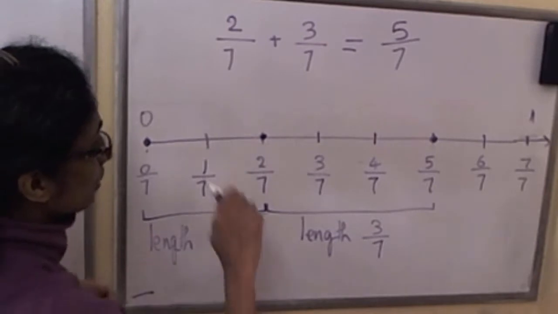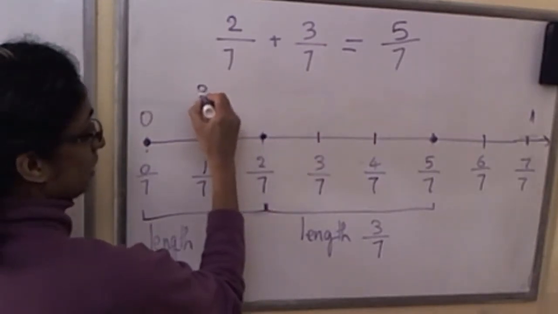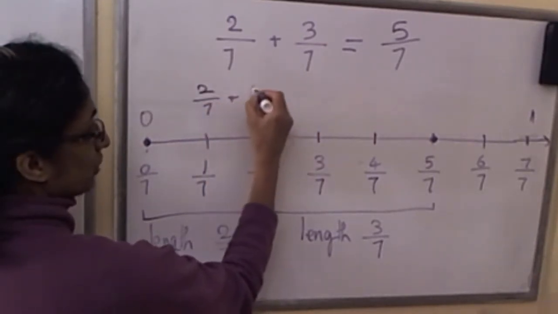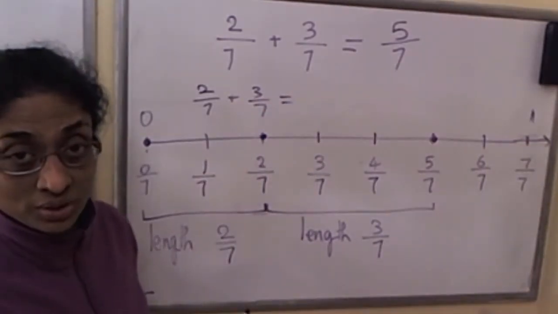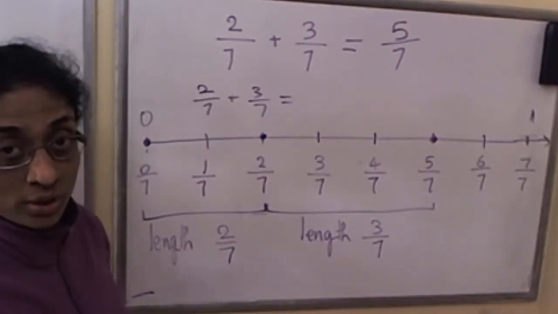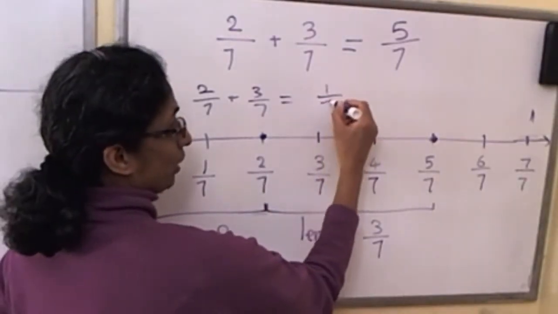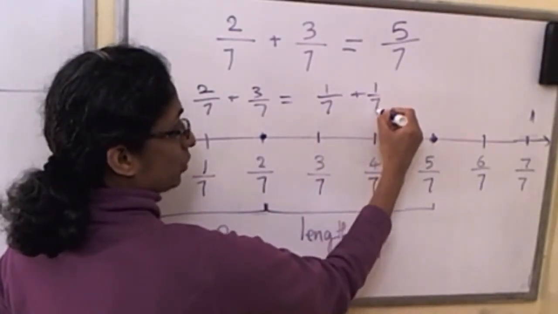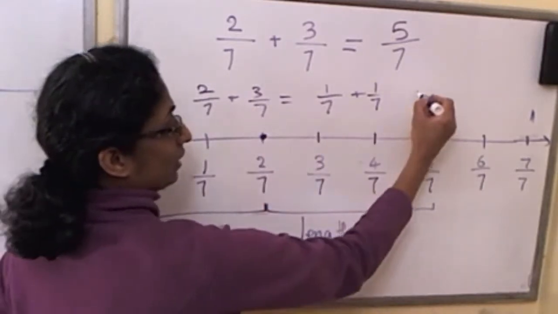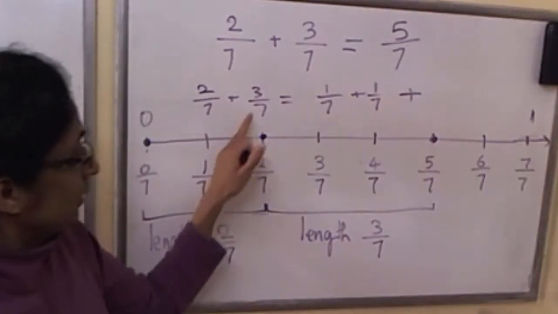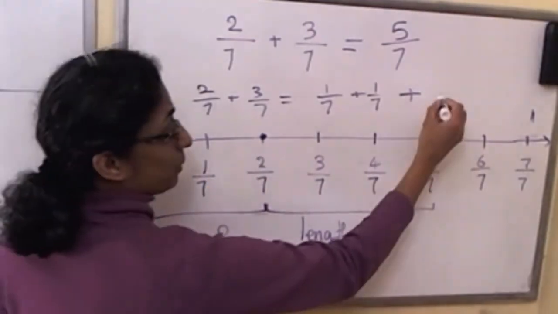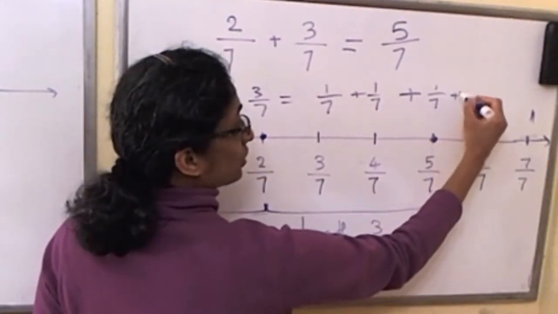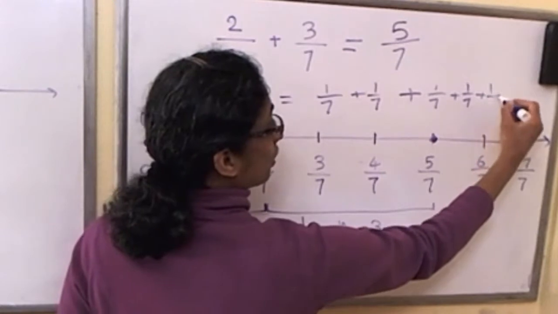Why is that? Look at this. Here's another way of looking at it. What is 2 over 7? 2 over 7 is really 2 copies of 1 over 7. So 1 over 7 plus 1 over 7, that's your 2 over 7. And we add to it 3 over 7. 3 over 7 is really 3 copies of 1 over 7. 1 over 7 plus 1 over 7 plus 1 over 7.